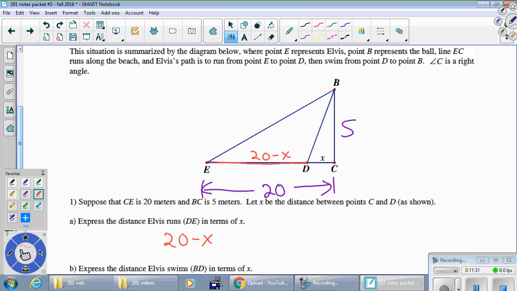And so that's how far Elvis needs to run along the beach, and then we're going to swim from D to B. Okay, express the distance Elvis swims, so that's BD, and if we just focus on this triangle right here, we see that it is a right triangle, and 2 of the sides are labeled with an x and a 5, and so Pythagorean theorem comes in there, and I don't know what color, how about black? And so if you do the Pythagorean theorem on this thing, you will find that it is the square root of x squared plus 25.